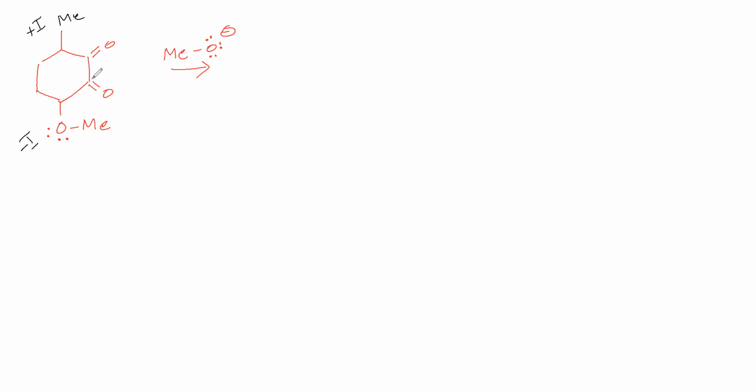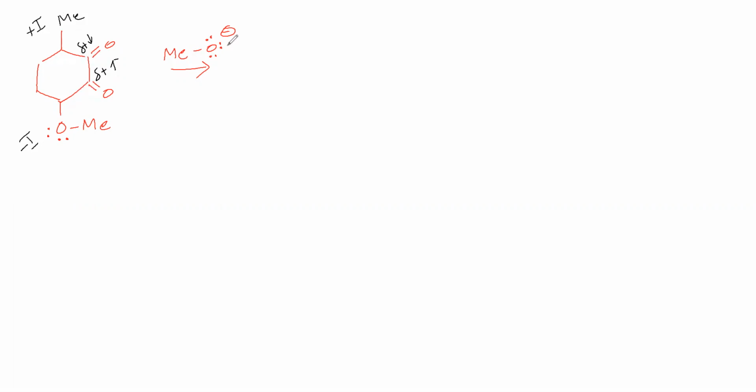Because of minus I effect, this carbon is having higher magnitude of positive charge. Because of plus A effect of methyl, this carbon is having lesser magnitude of positive charge. This oxygen shows minus A effect, so this carbon is having higher magnitude of positive charge.